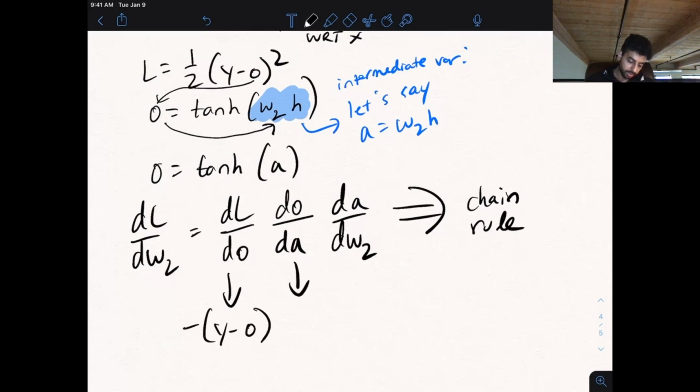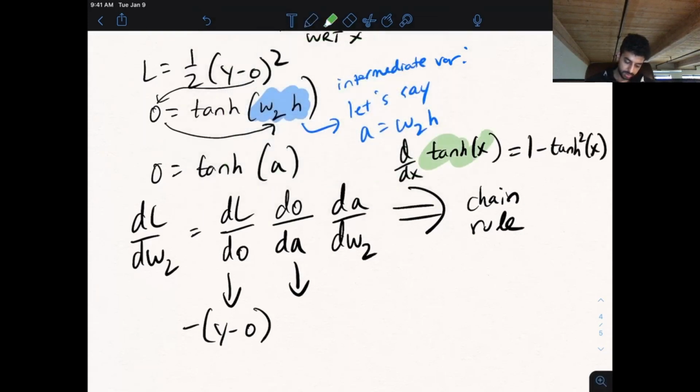And now dO dA, right? So this we're not going to actually derive. This is just a little thing that you should know, is that the derivative of tanh of x with respect to x is 1 minus tanh squared x.